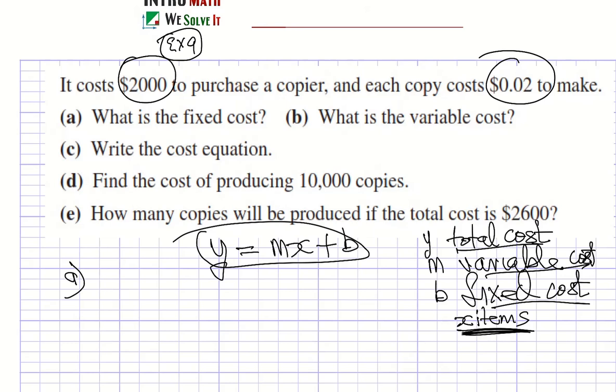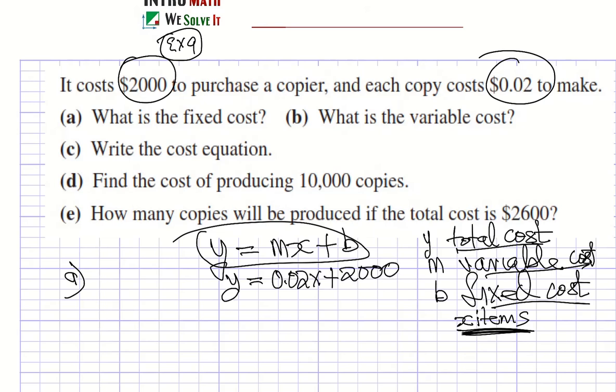Alright, so what is it asking you? I'm sorry, the A is, what is the fixed cost? Well, like I said, we don't have to do the equation, but if we do the equation, it's helpful to visualize it. So we can have y equals, it costs that, okay, that's fixed cost there. So we can write it like this: 0.02x plus 2000.